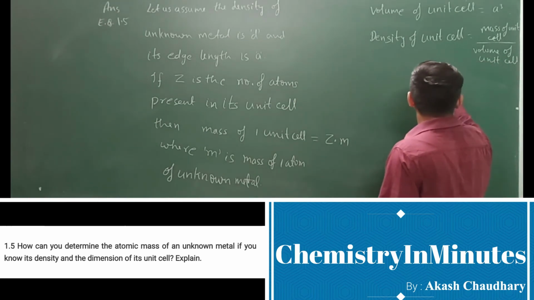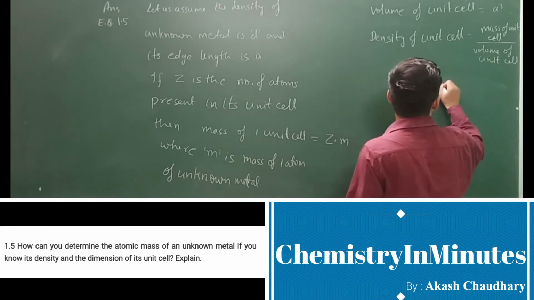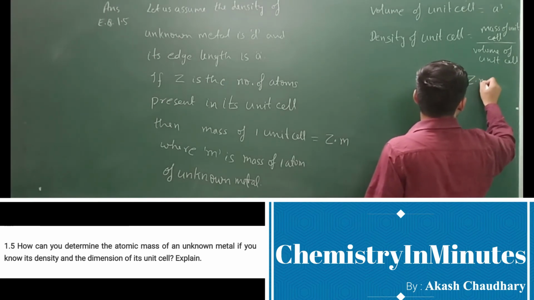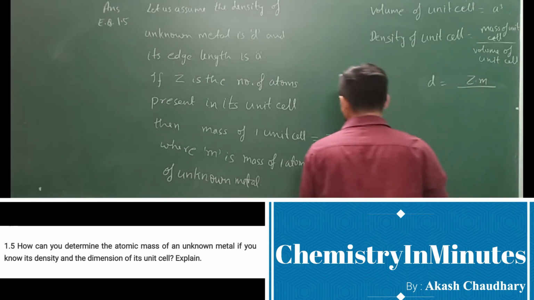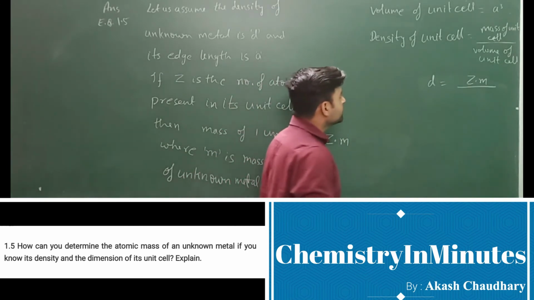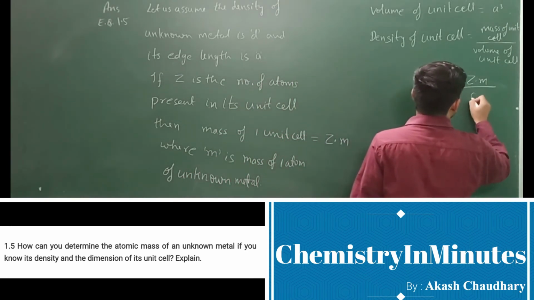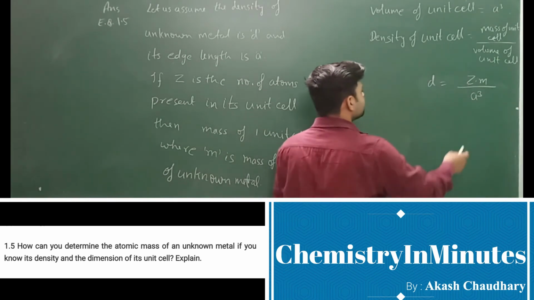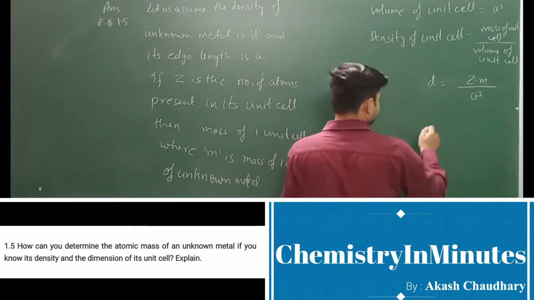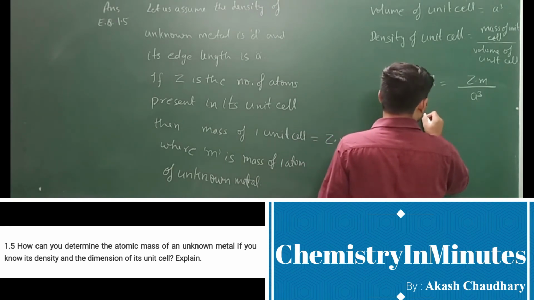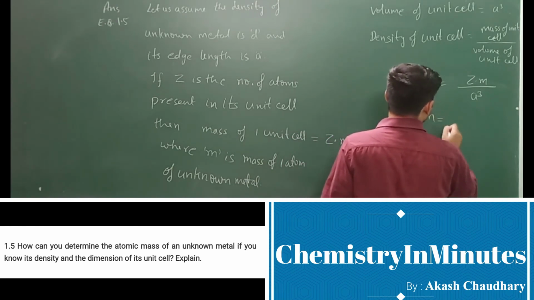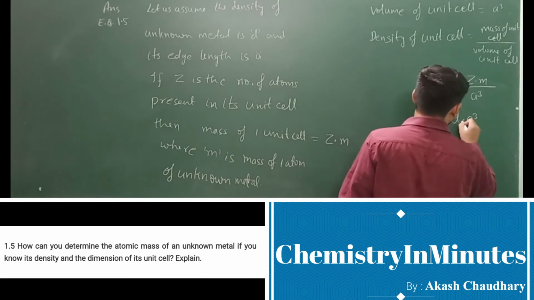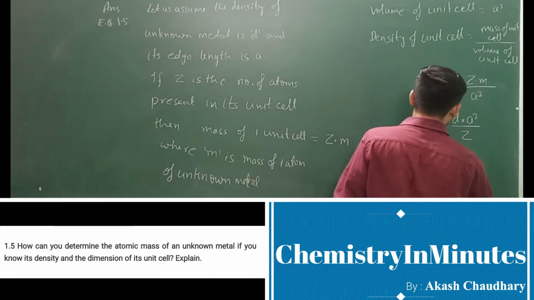Mass of unit cell is Z into m divided by volume of unit cell is A cube. Now we know these two things and we have to find this m. So from here we will get m equal to d into A cube upon Z.